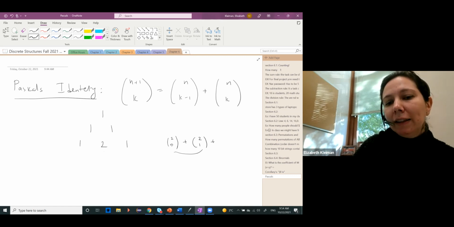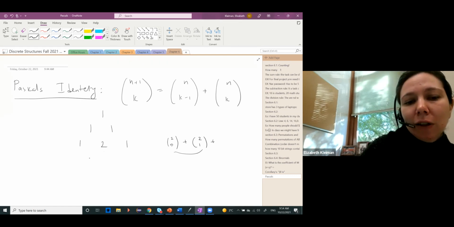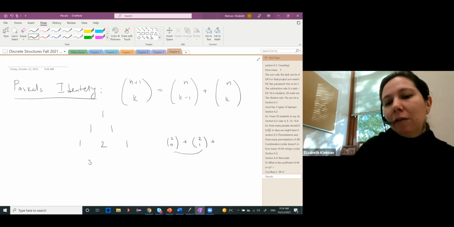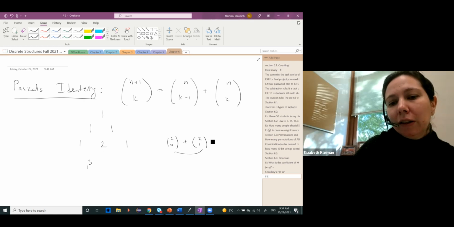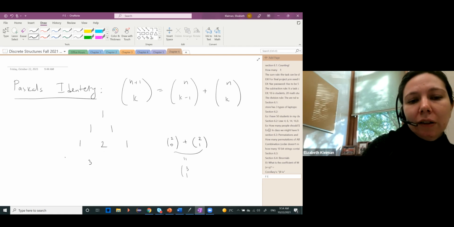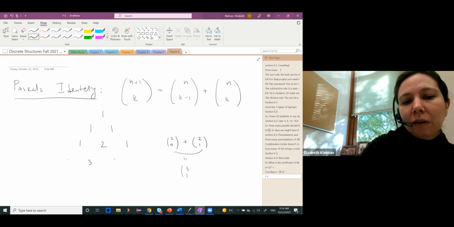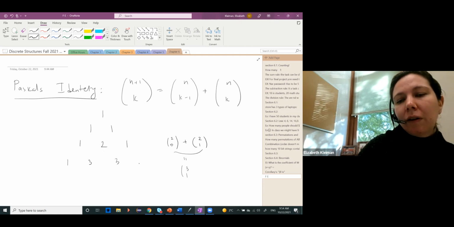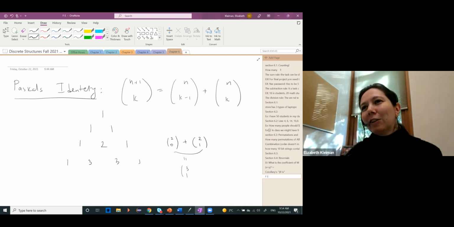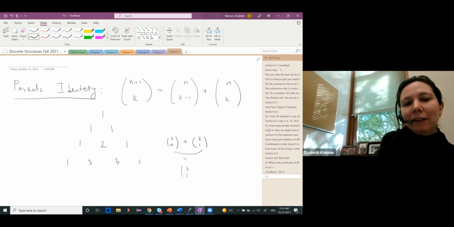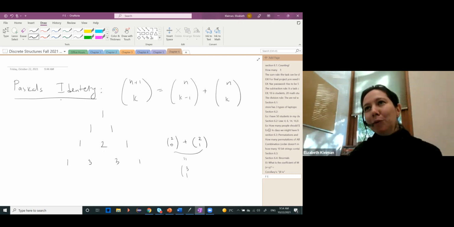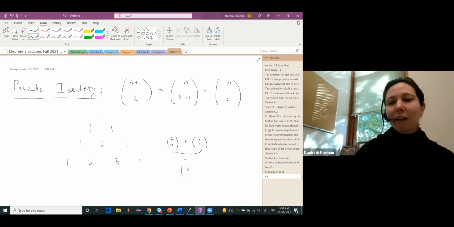So now if we add them together, we're going to get the 3, which is actually going to be 1 choose 3. And so on. So that's really kind of how Pascal's identity helps you to generate Pascal's triangle.